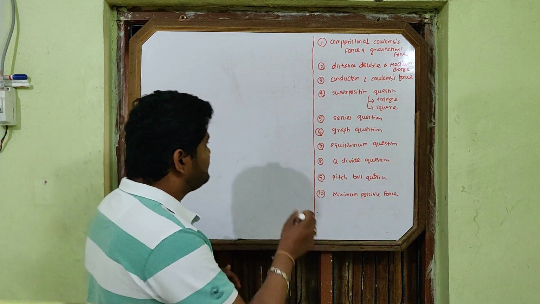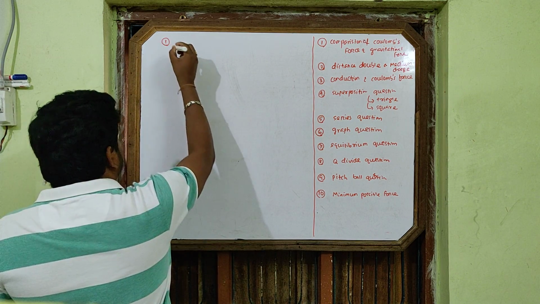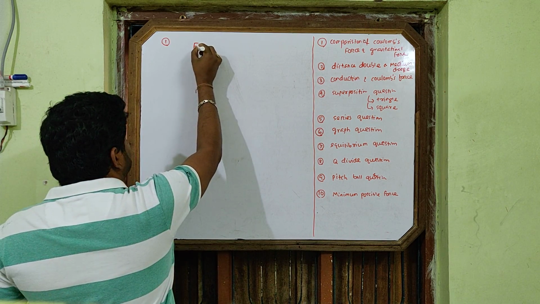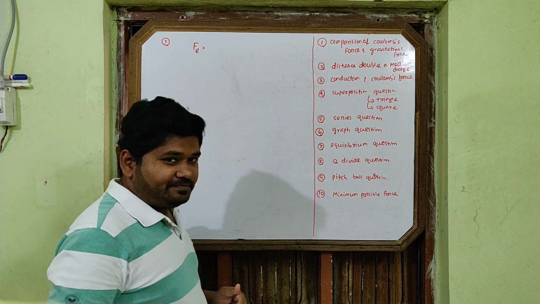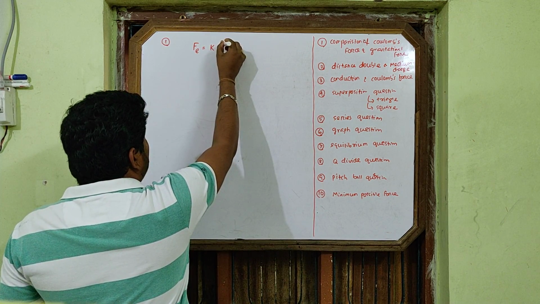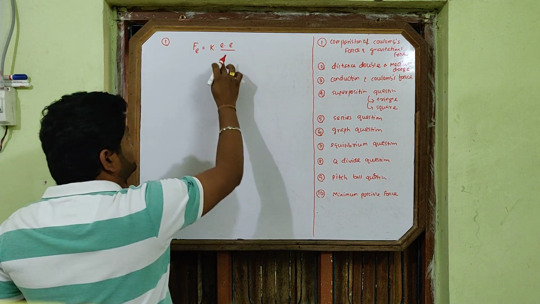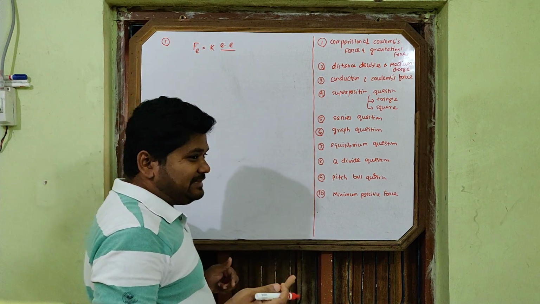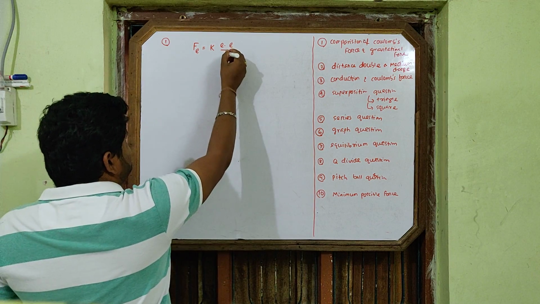Let us do question number 1. First write the electric force expression. Coulomb's force formula is K Q1 Q2 divided by R square. Both charges are e, so I have taken the magnitude of charges.